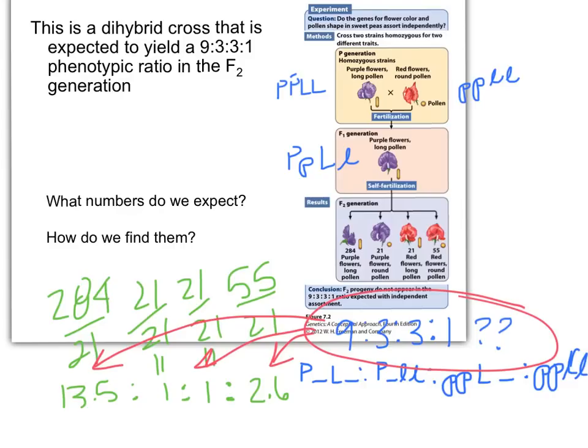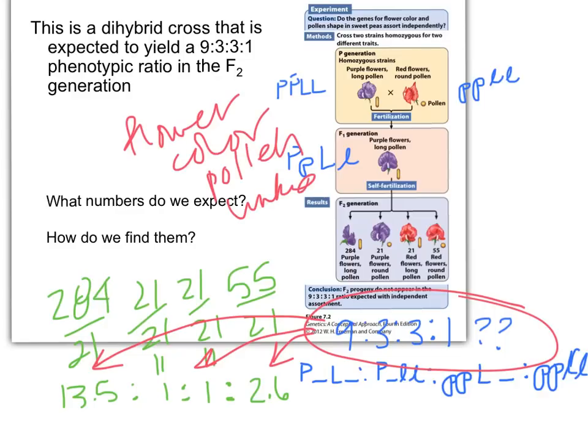You'd say these two genes, flower color and pollen shape, are linked. Okay? Linked. Because we know when we're actually counting individuals, if you go back to look at Chapter 3 and go through those numbers, they're not always exactly 9 to 3 to 3 to 1, right?